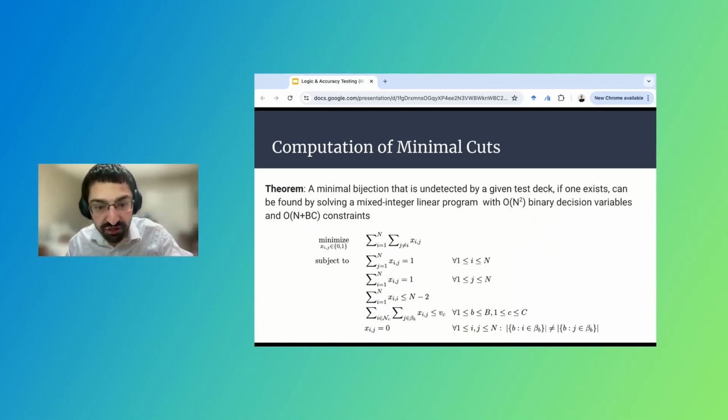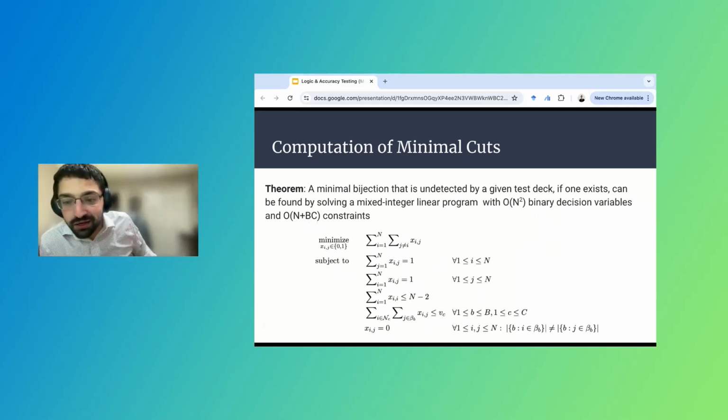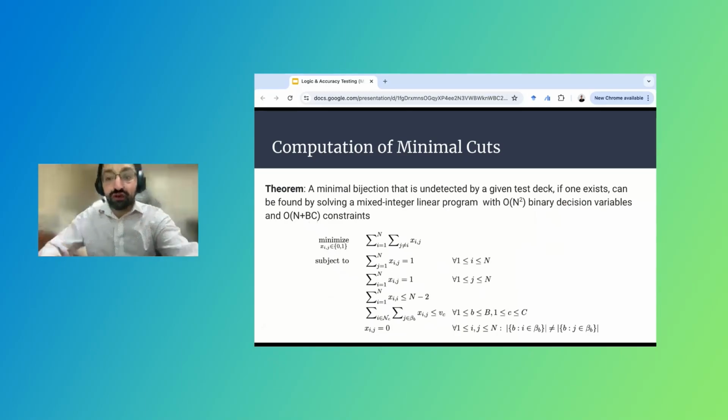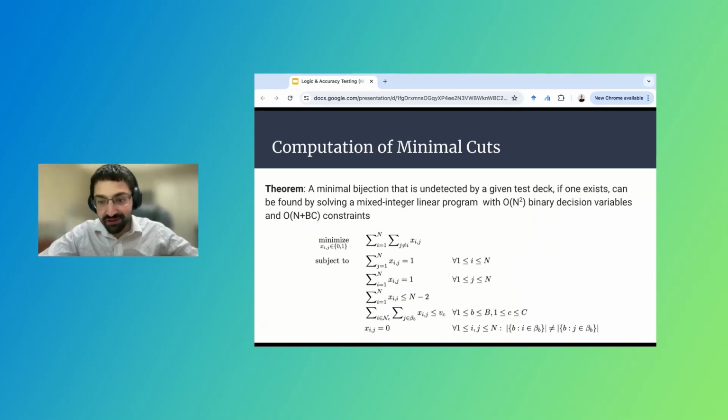And moreover, this small problem is guaranteed to give, out of all the bijections that would have been undetected, one that's minimal. And that is what, as I alluded to in answering Melissa earlier, solving this versus picking one at random. And by random, we actually even have to define exactly how you randomize over that space. But the way we did it led to this extreme speedup. And that's what makes this thing actually practical.